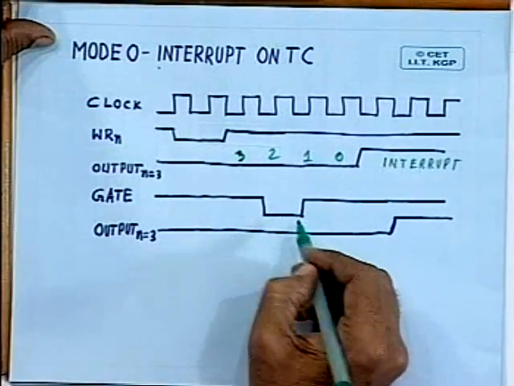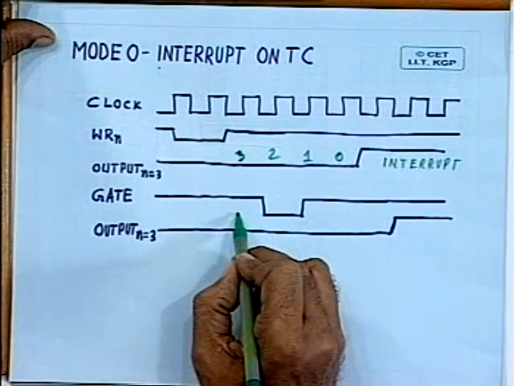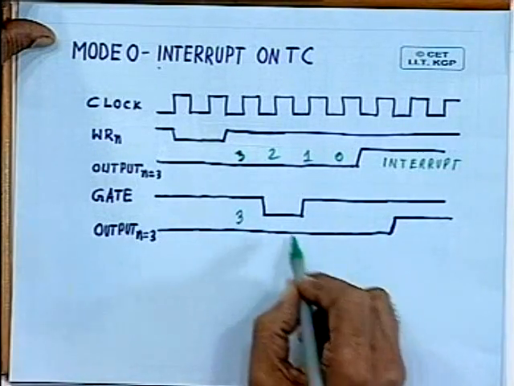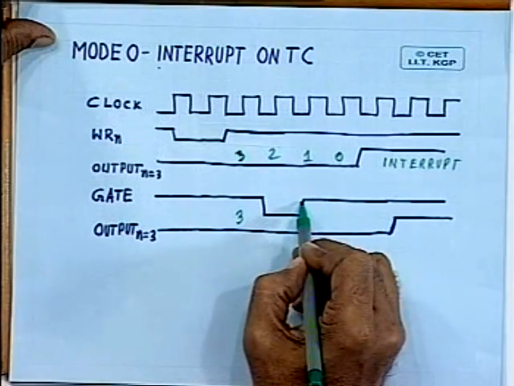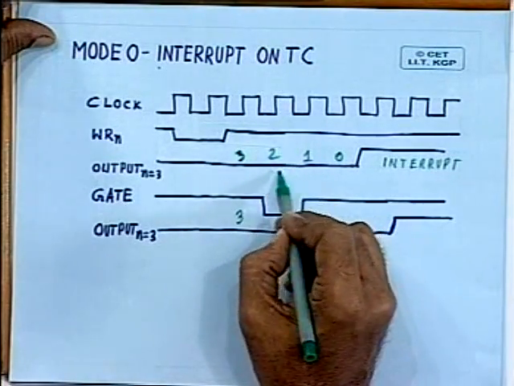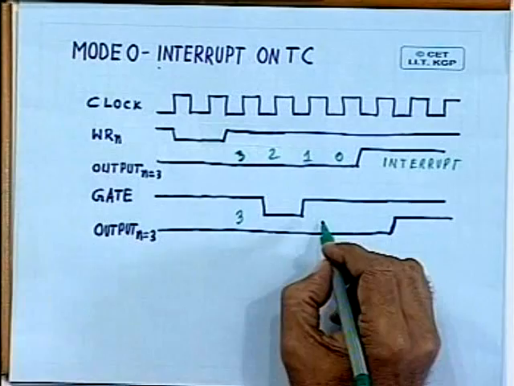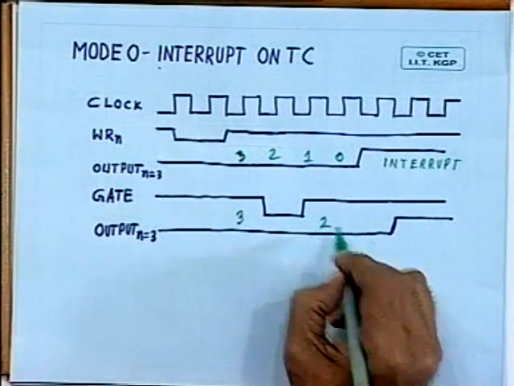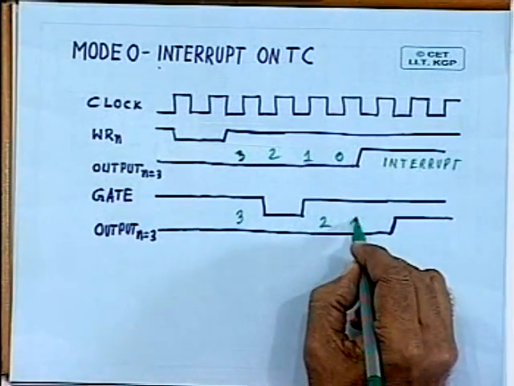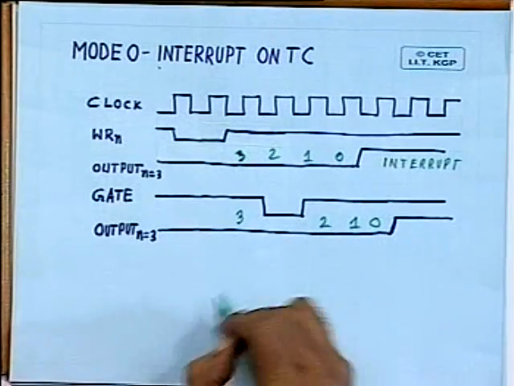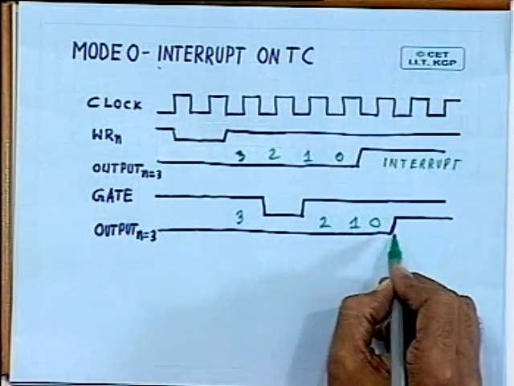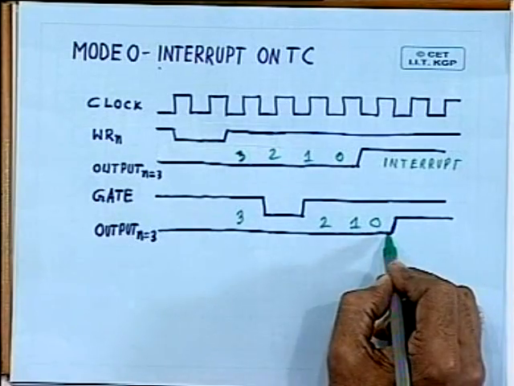So here it will be 3 decremented by 1, but since this line is low, this countdown will not take place. So here it will become 2, then it will become 1, then it will become 0.